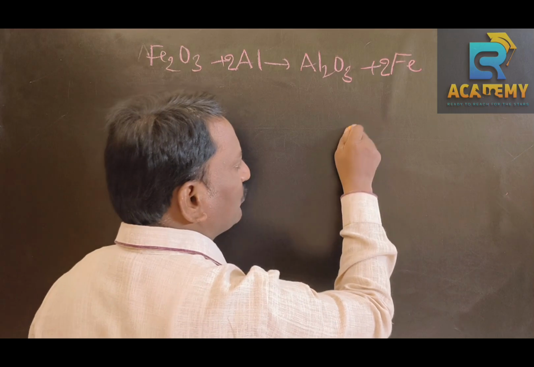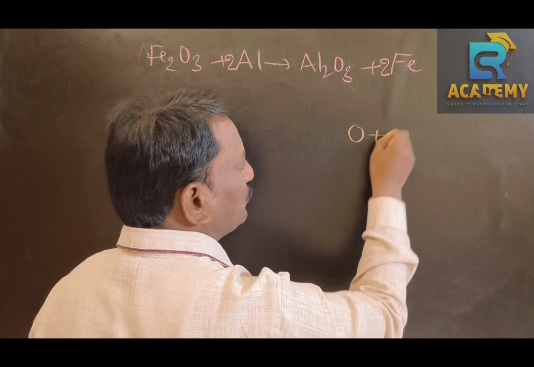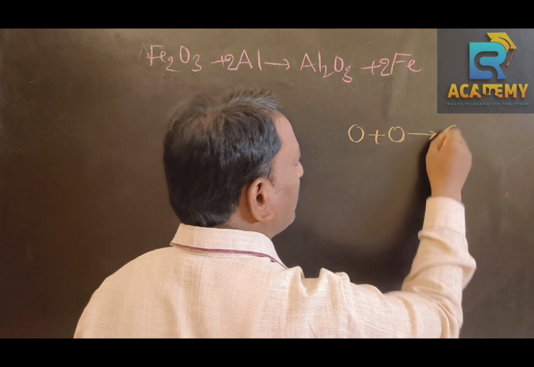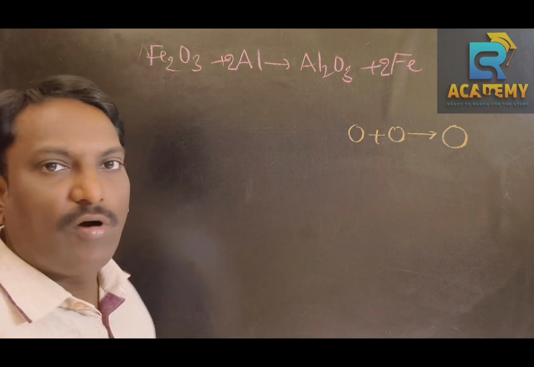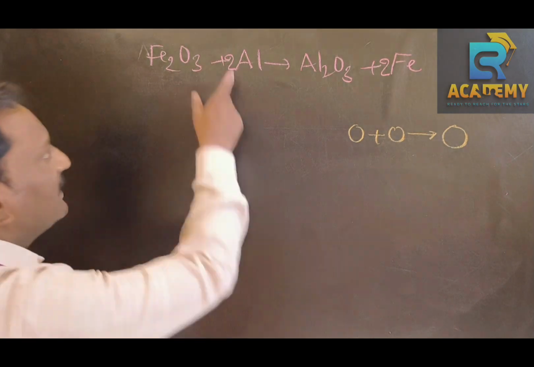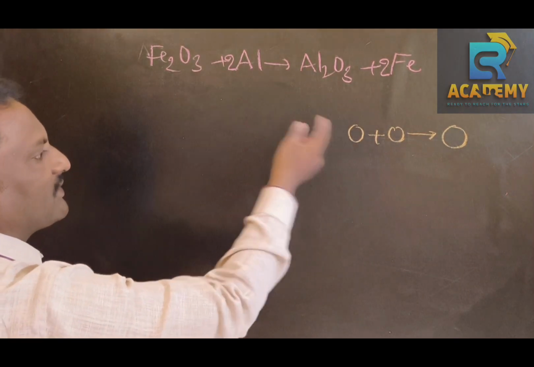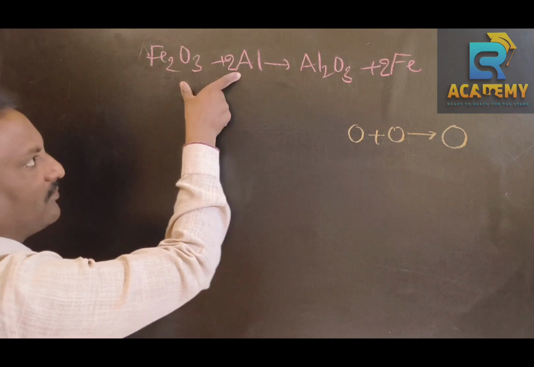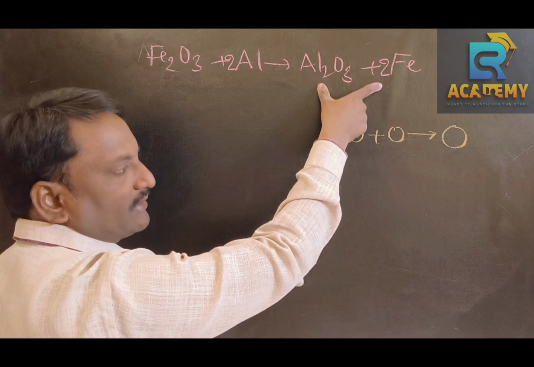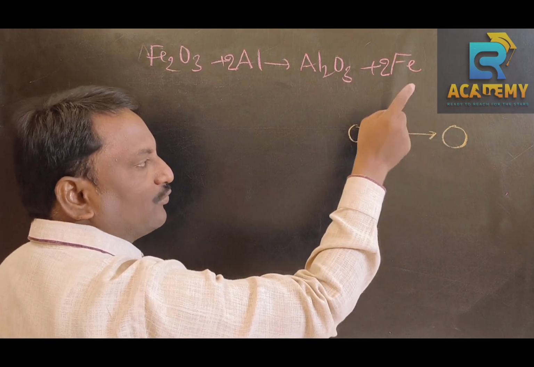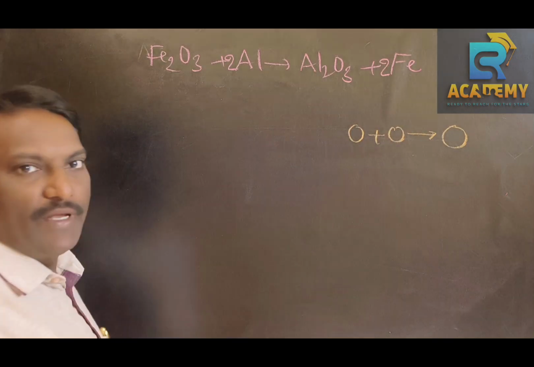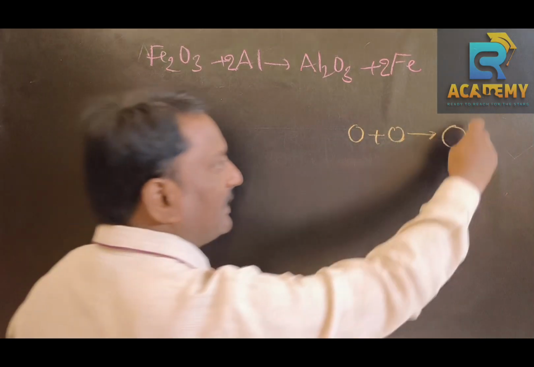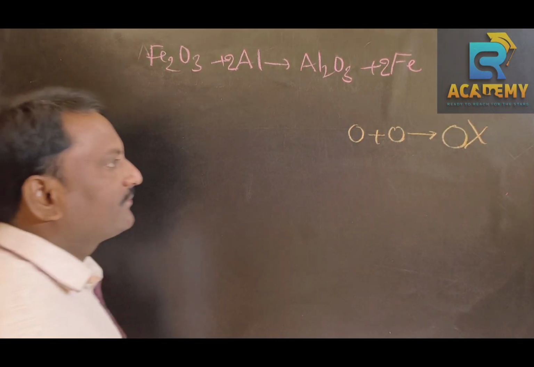Combination reaction means those reactions in which two or more reactants combine to give a single product. It's not a combination reaction because here two reactants are there but two products are also there. So we should get only one product in a combination reaction. That's why it is not a combination reaction.